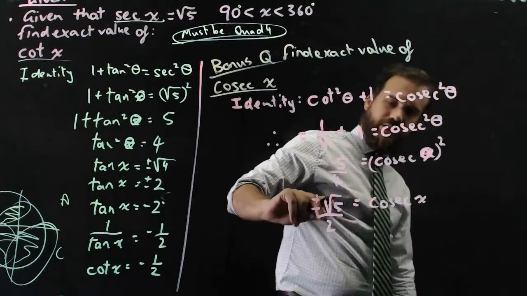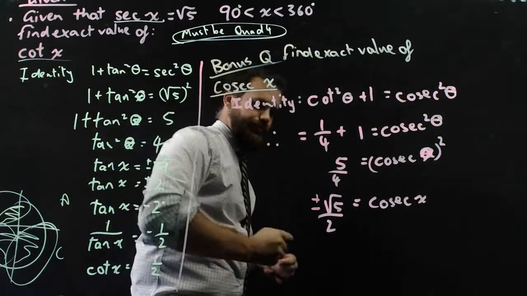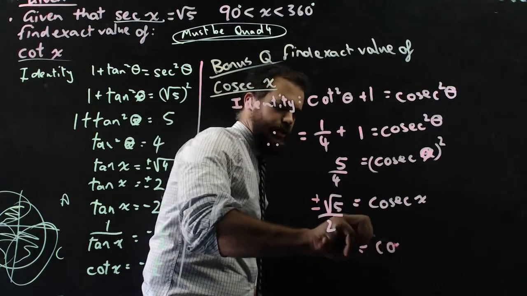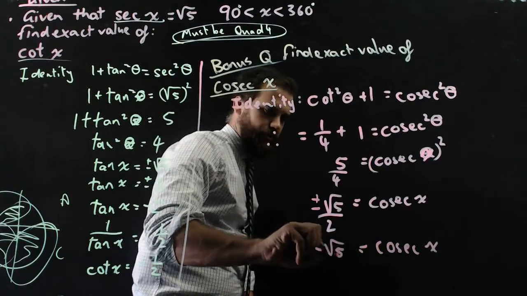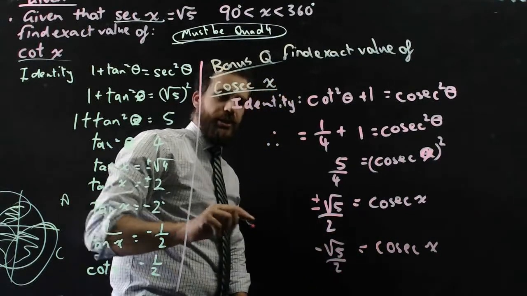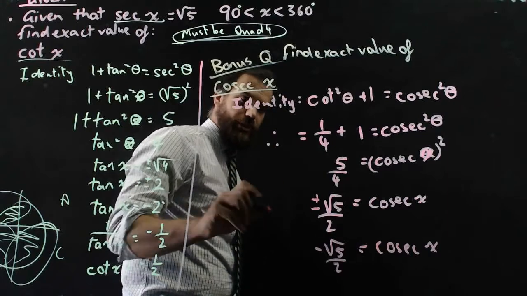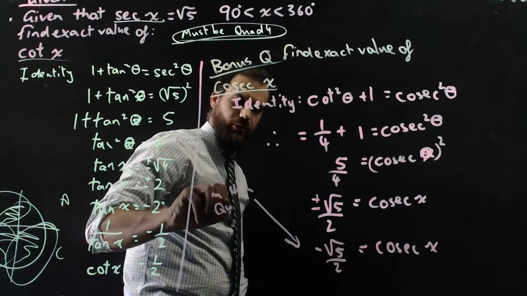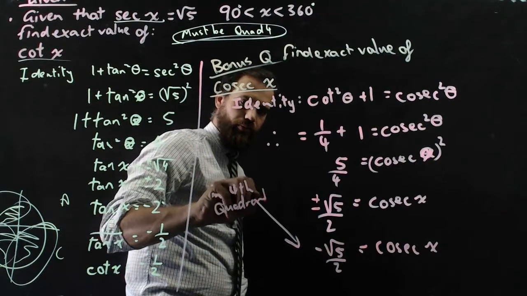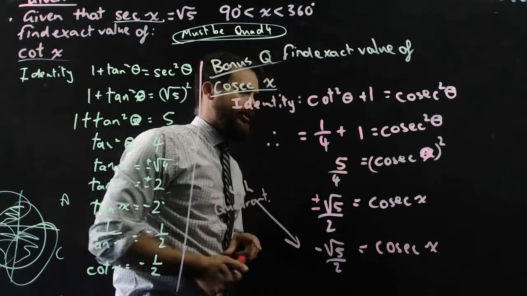So cosec x equals negative root 5 over 2, because we're in the 4th quadrant. Alright, now I'm done.